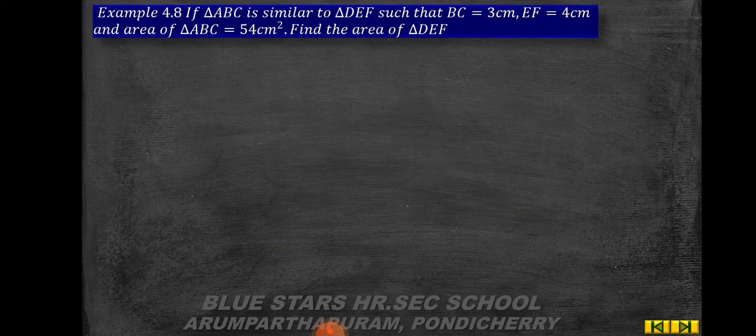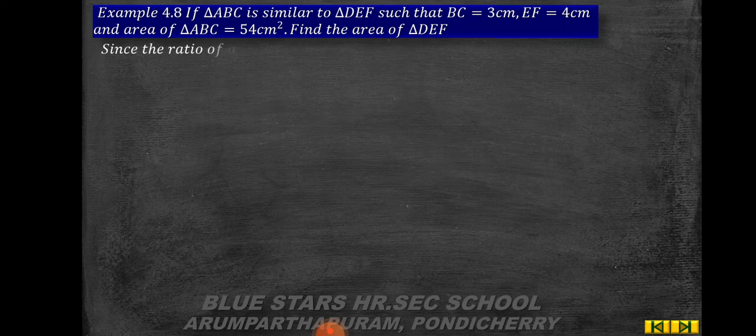Example 4.8. If triangle ABC is similar to triangle DEF such that BC is equal to 3 centimeter, EF is equal to 4 centimeter and area of triangle ABC is equal to 54 centimeter square, find the area of triangle DEF.